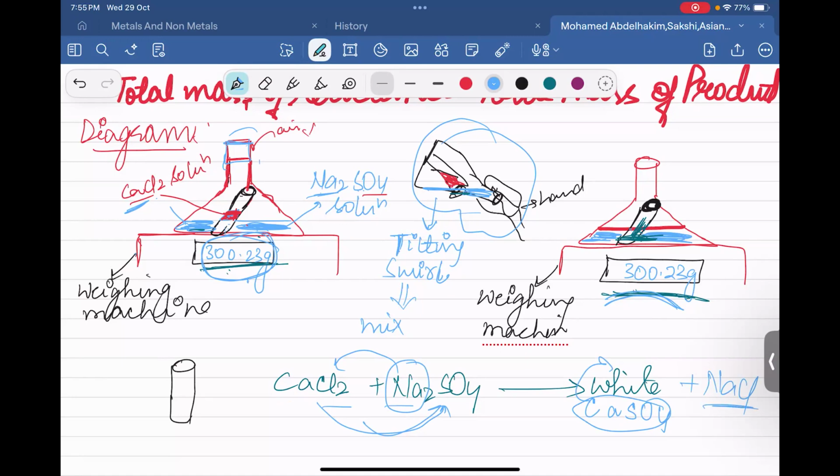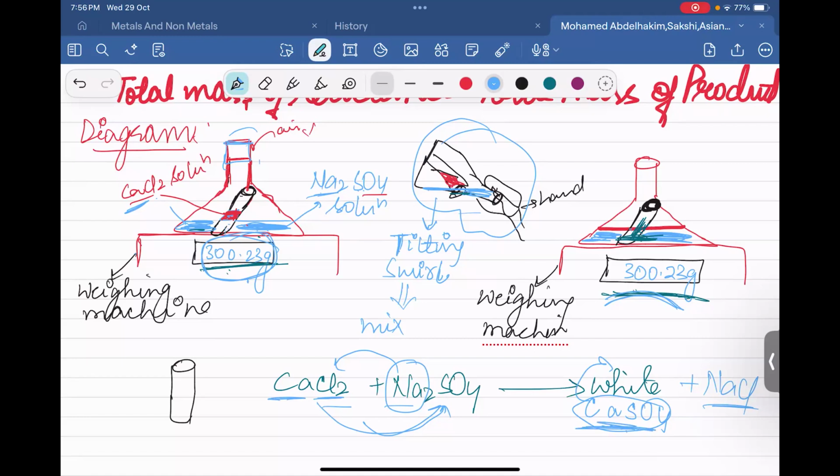Ma'am, I have another doubt. Did you combine calcium with Na2SO4? Yes. I am just telling you how this calcium sulfate is formed.